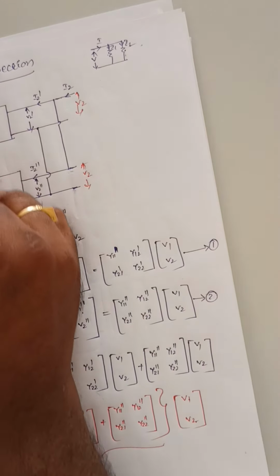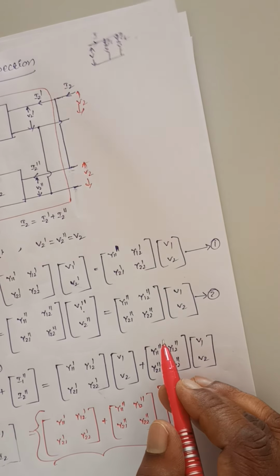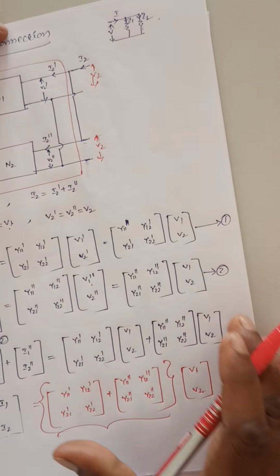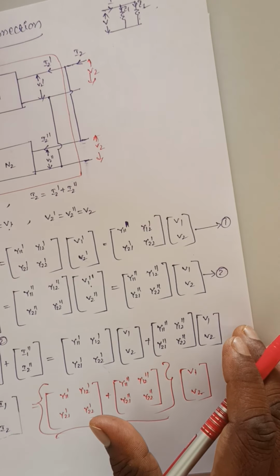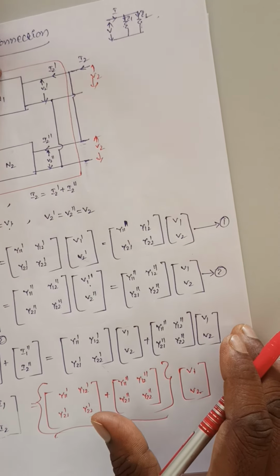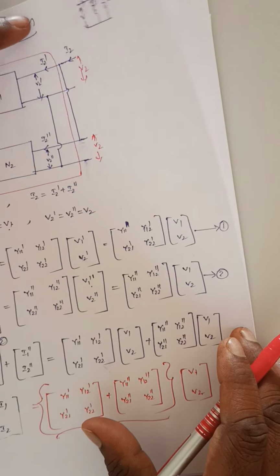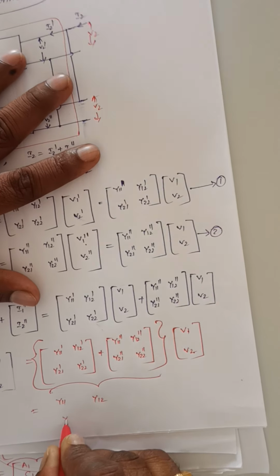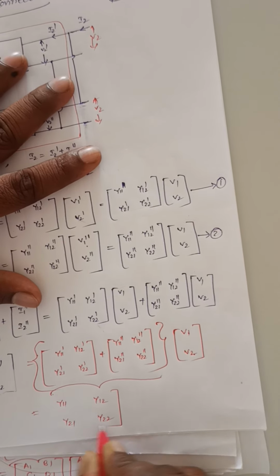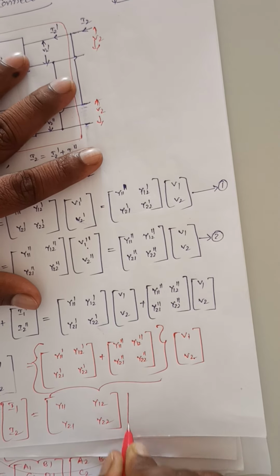So for this parallel combination, if you want to find out the equivalent Y parameters, you can add the Y parameters of network N1 with the Y parameters of network N2. Thereby you can get the equivalent Y parameters for this parallel combination. Okay, so that is Y11, Y12, Y21, Y22. This is I1, I2, it is V1, V2.